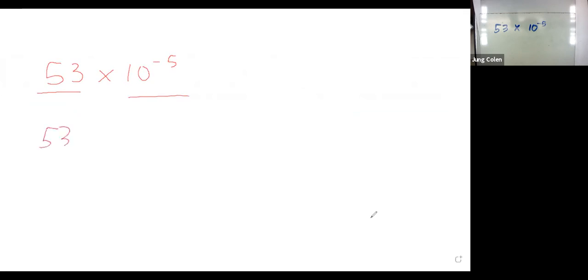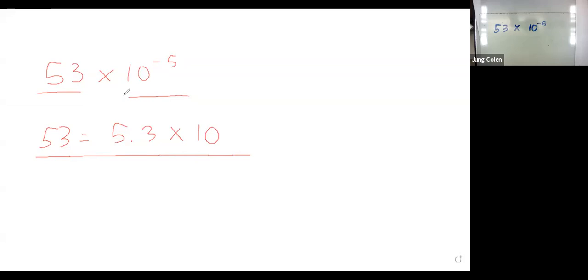5.3 times 10 to the negative 4. Oh, so 53 is the same as 5.3 times what? No, just looking at this: 53 is equal to 5.3 times what? How do I change 5.3 to 53? Times 10. So 53 itself is 5.3 times 10.